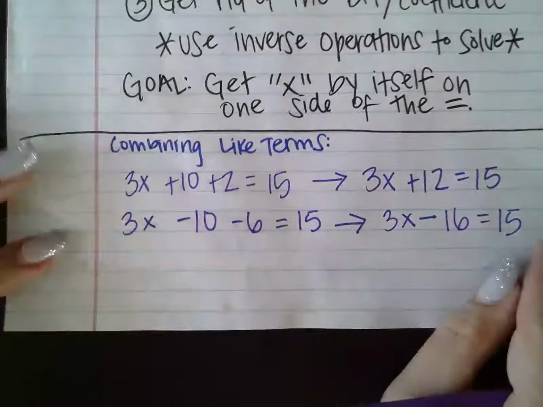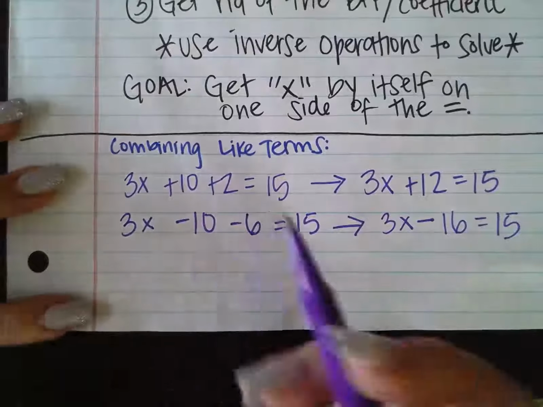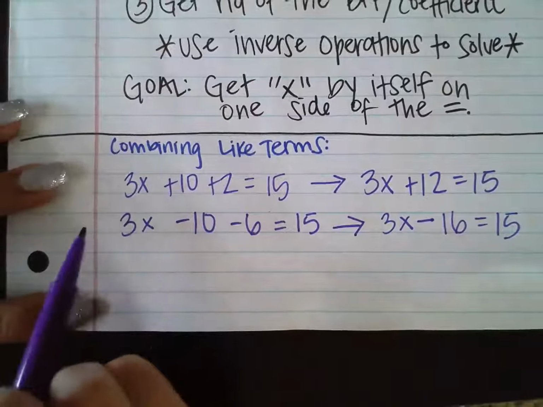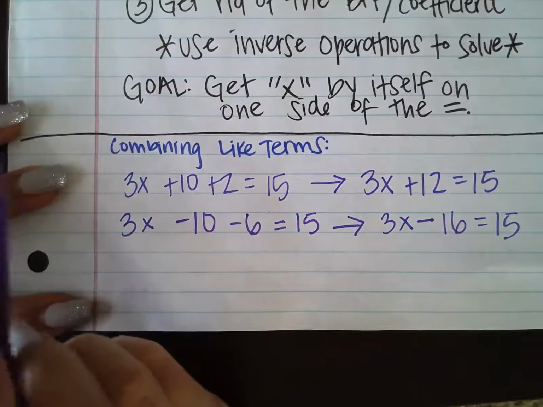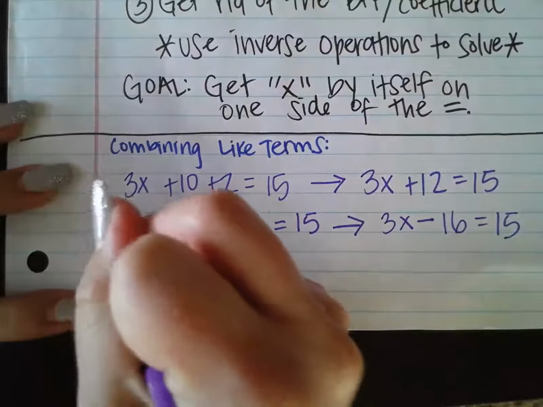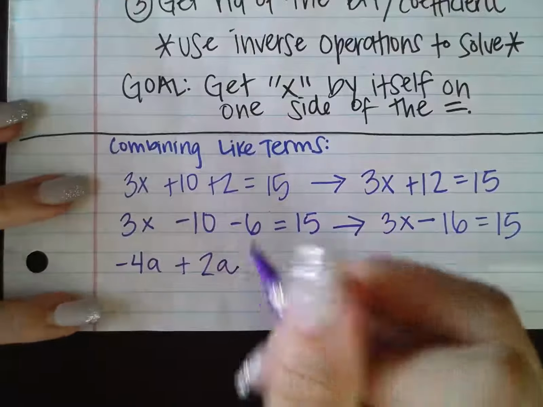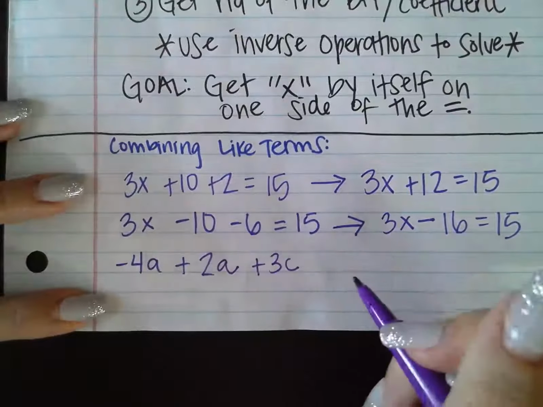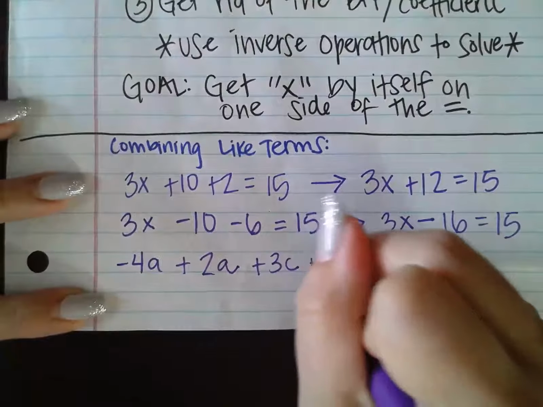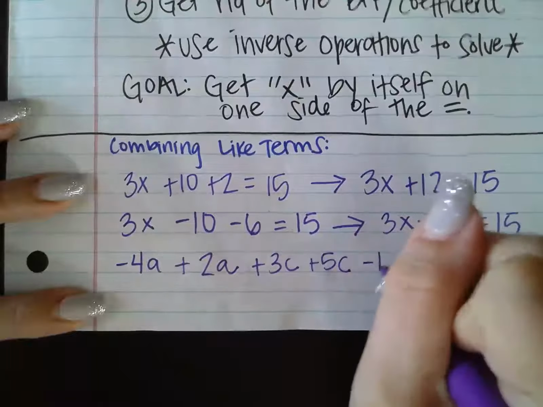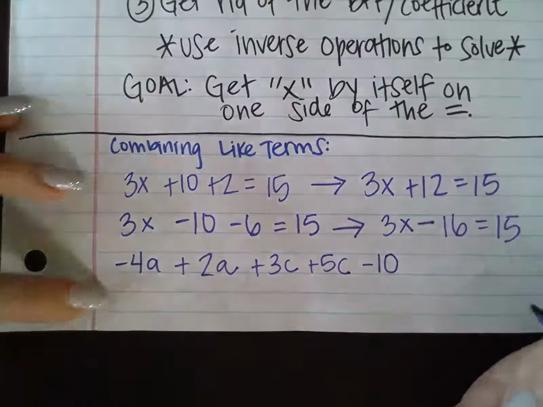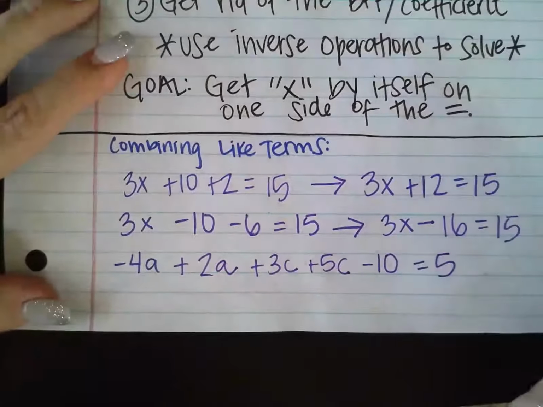So the last one I'm going to do, I'm going to give us more than just one coefficient. So I'm going to do the problem negative 4a plus 2a plus 3c plus 5c minus 10 equals 5.